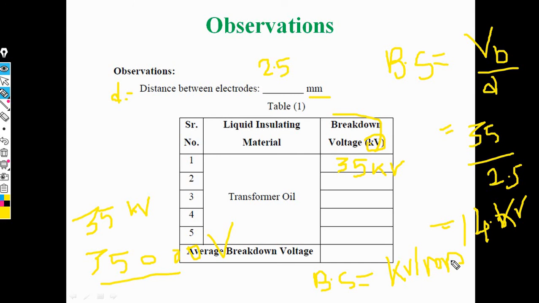Now this is the exact case study of liquid insulating material. We have used transformer oil. This is the observation and this is the calculation. We need the formula for breakdown strength, which is the ratio of breakdown voltage upon distance.